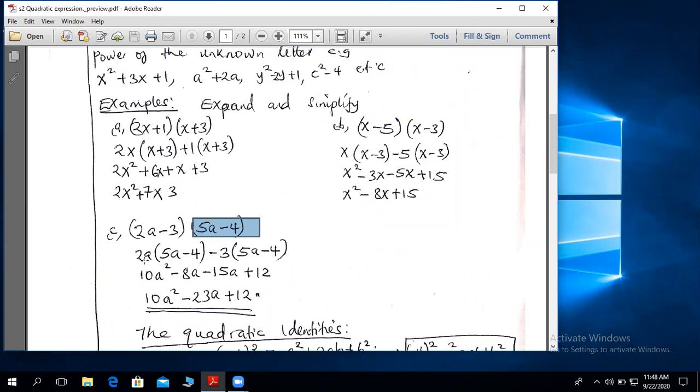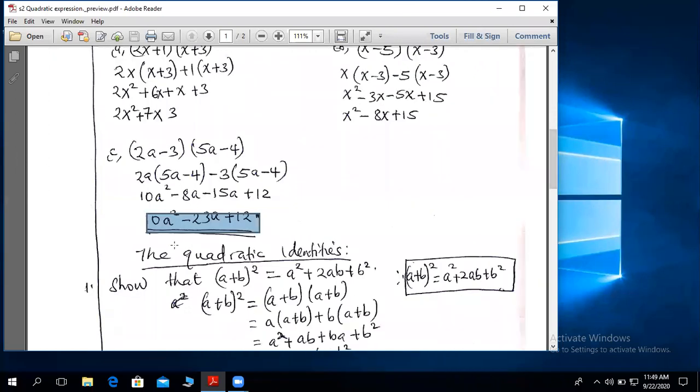When we open brackets, we get 10a squared minus 8a, then minus 15a plus 12. These two have the same unknown, but don't add a squared to a. So we shall get 10a squared minus 23a, negative 8 minus 15. I think the answer is negative 23 from the calculator. Then plus 12, and this becomes our answer, our quadratic equation.